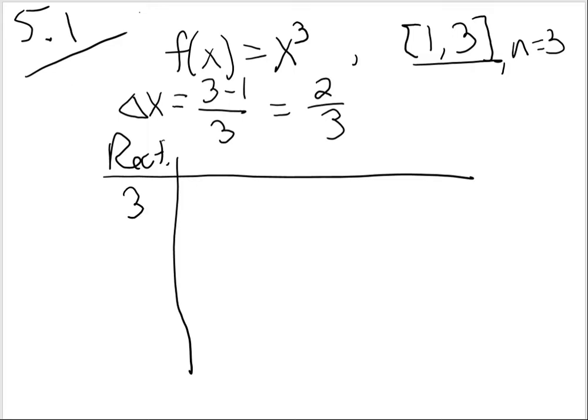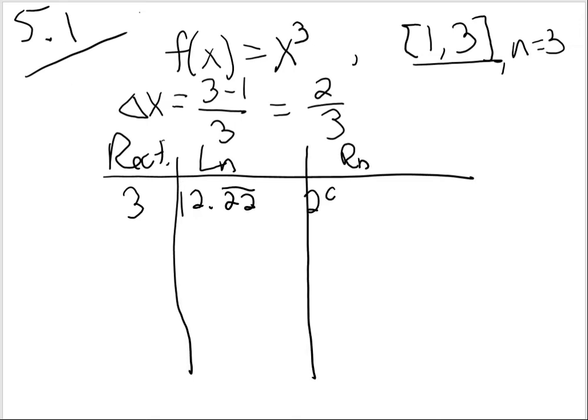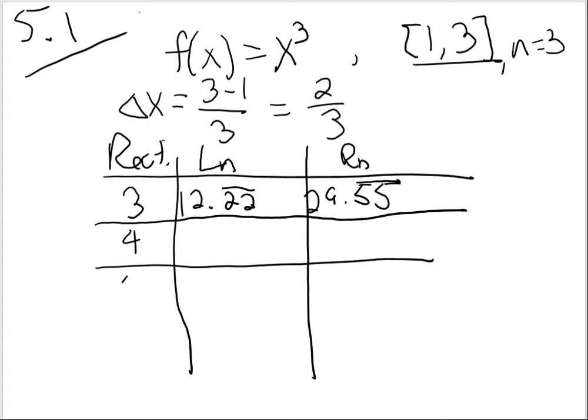Right now we have 3, and if you look at Ln, that was 12.22 repeating, and then you had Rn, which was 29.55 repeating. So why don't you do number 4 and number 5?